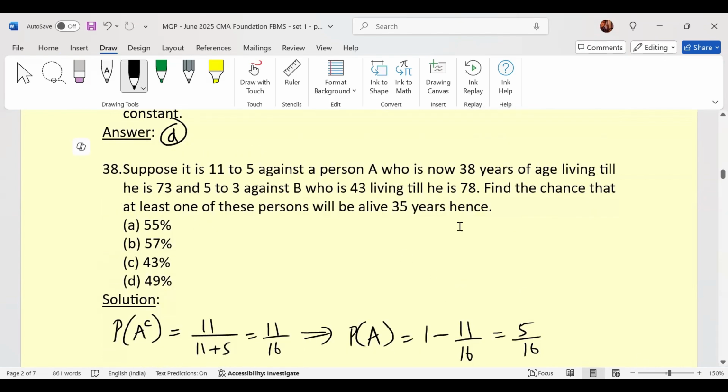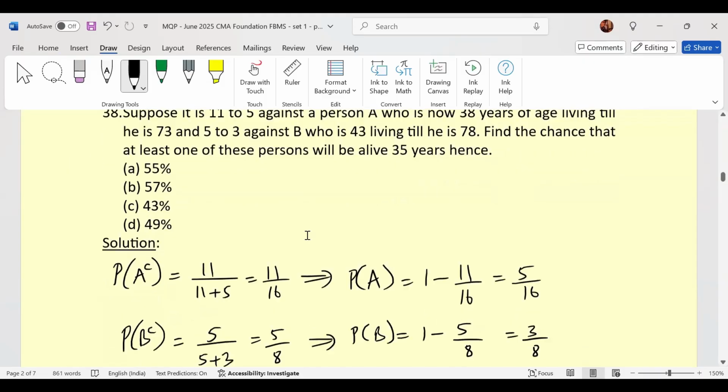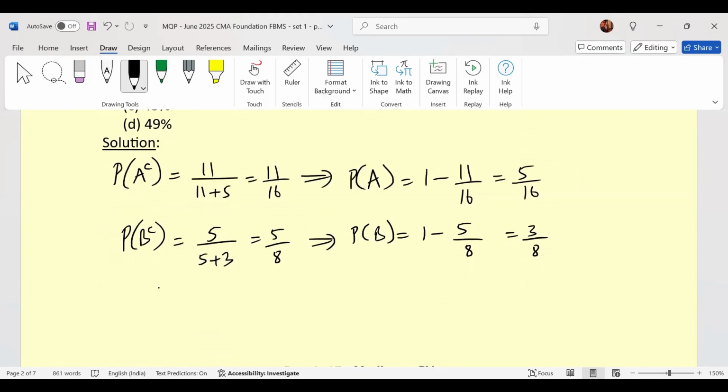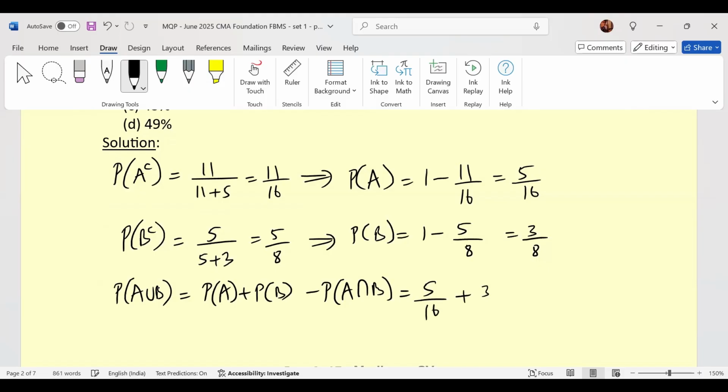Now, they say find the chance that at least one of these persons, at least means either A or B, which means probability of A union B, which will be probability of A plus probability of B minus probability of A intersection B. That is giving you 5 by 16 plus 3 by 8 minus, since A and B are two people, they are independent.